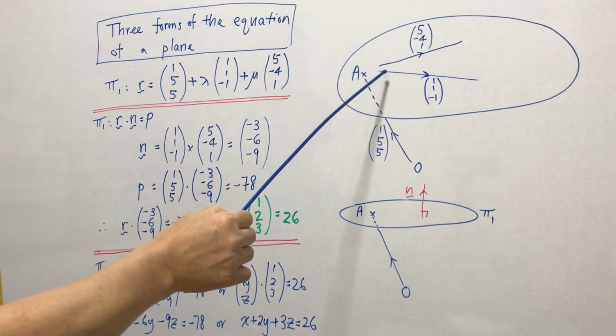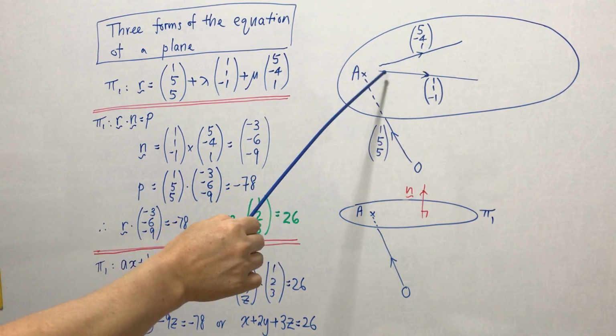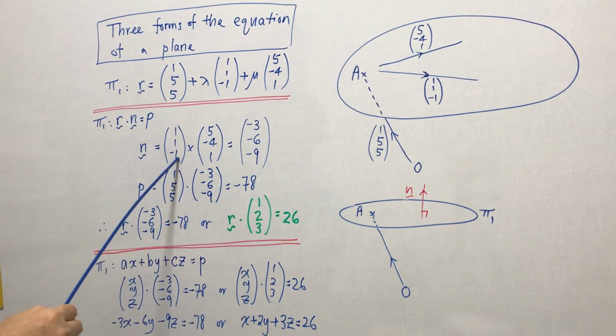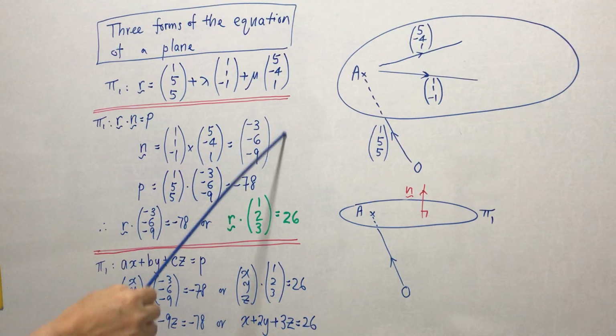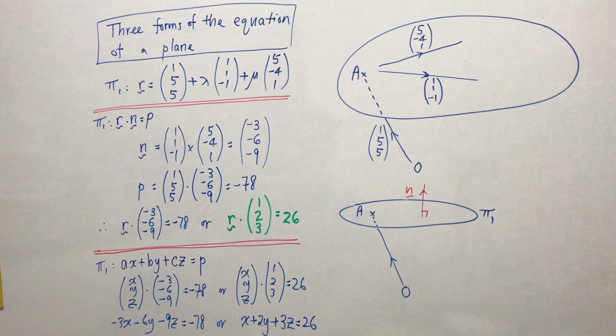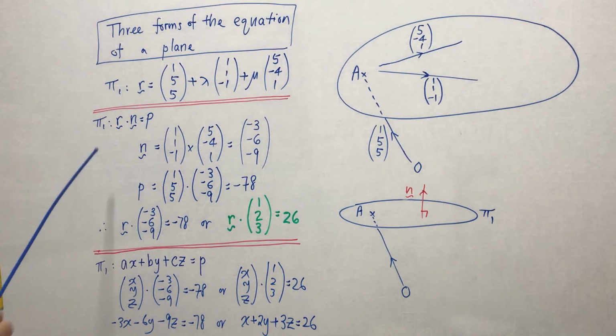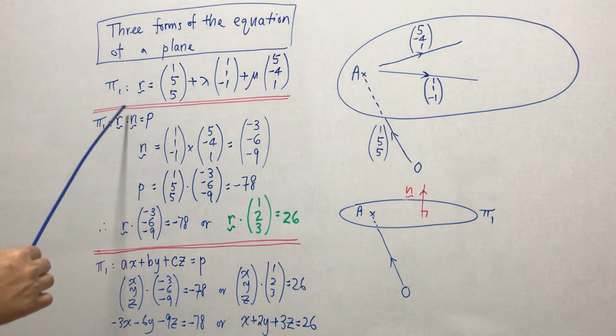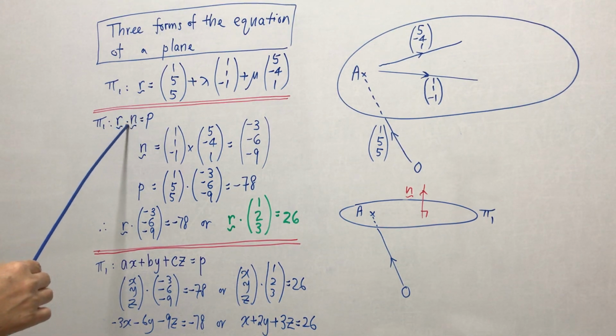Because they are parallel to the plane, their cross product results in a vector which is perpendicular to the plane. And in this form, you now know how to find this vector n.